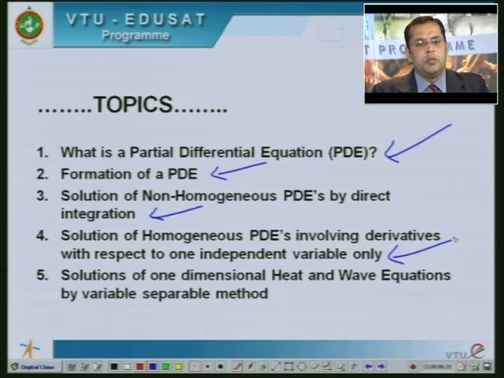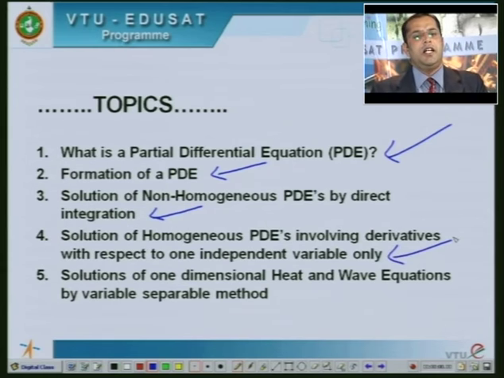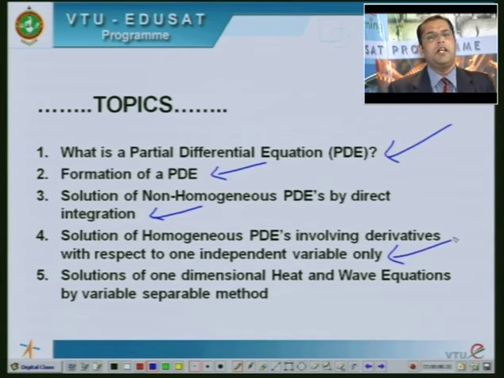Solution of homogeneous PDEs involving derivatives with respect to one independent variable only, and the heat and wave equations followed by the solutions of these equations using the variable separable method. So, in today's lecture, we will be defining a PDE, what is a partial differential equation, then how to form a PDE.